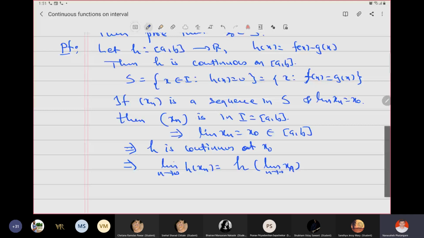But what is xn? At xn, what is the value of the function? 0. But h of xn is 0 for all n, because xn is in S. Therefore, h of limit of xn is 0, but limit of xn is x naught, so h of x naught is 0. That means x naught is a member of set S. That's it. The similar problem we discussed earlier, right?